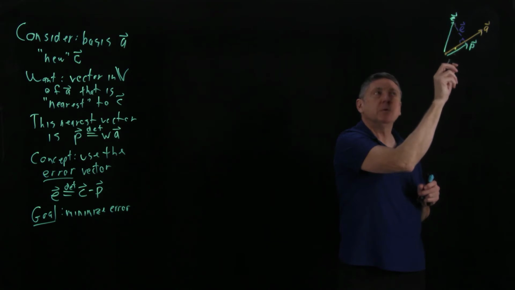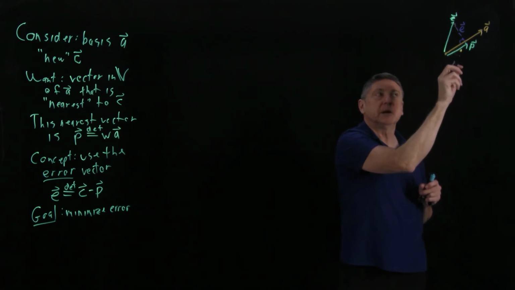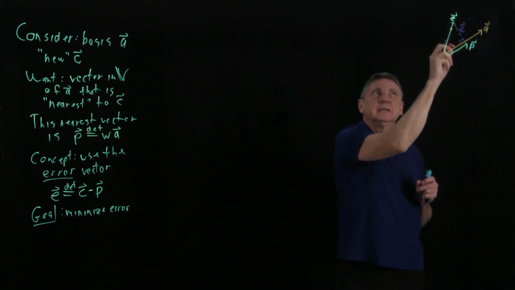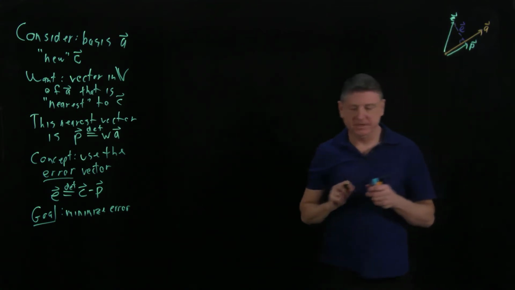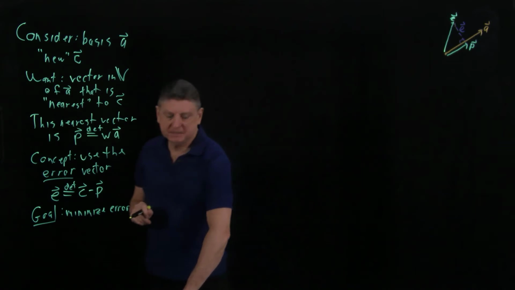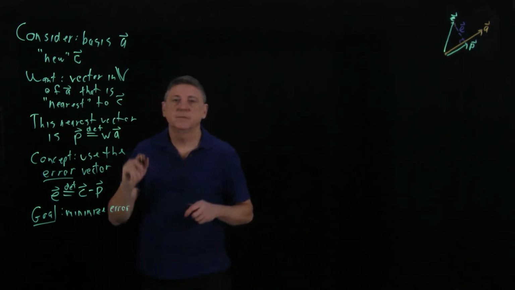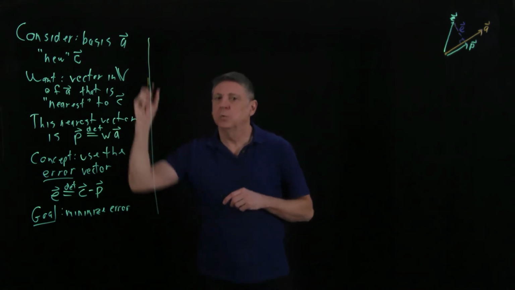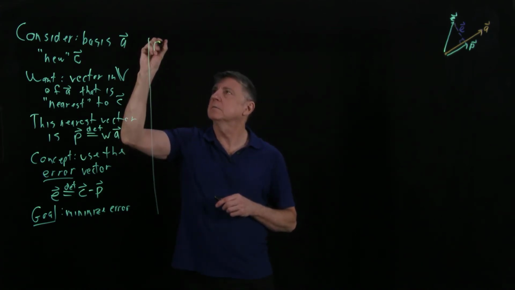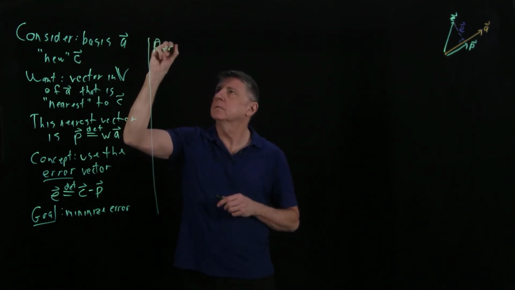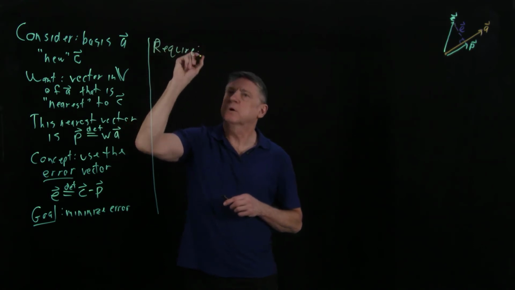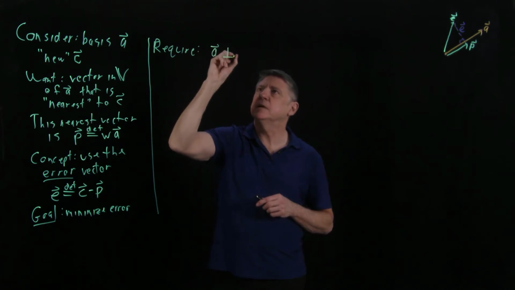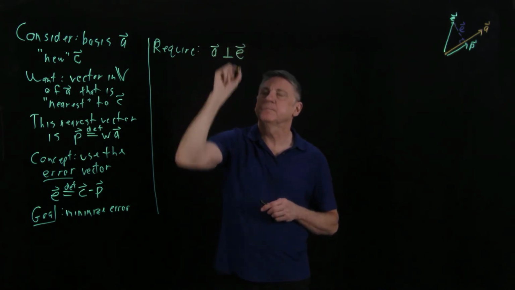So there is some weight W that multiplies A and causes P to be such that E is perpendicular. And that is the insight that we need. So let's write this as: we require the vector A to be perpendicular to the vector E.